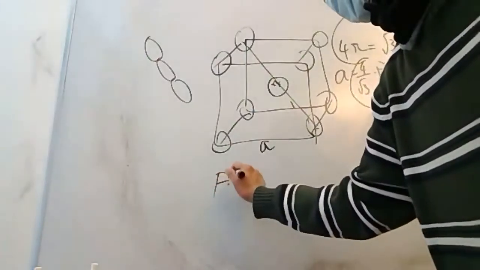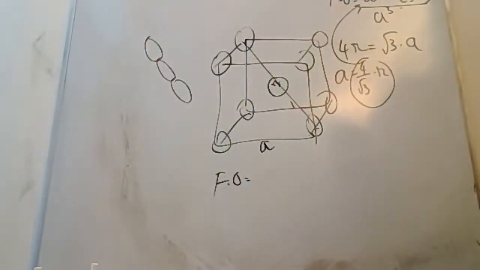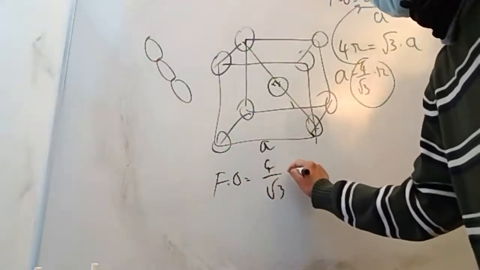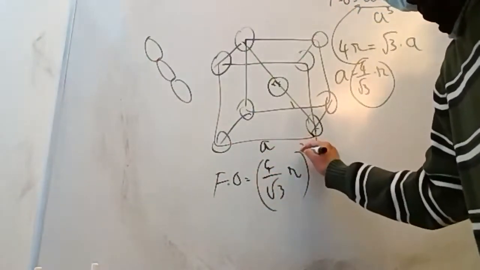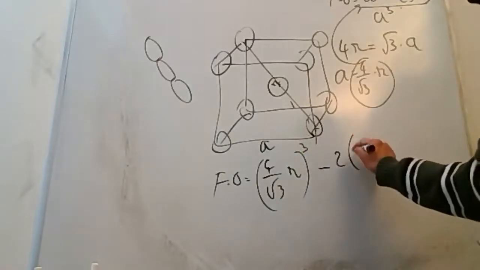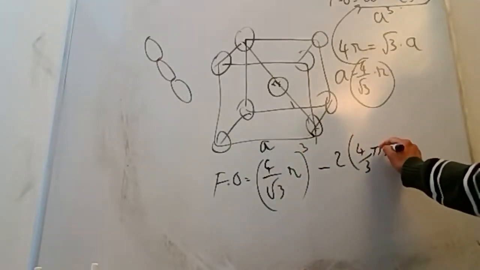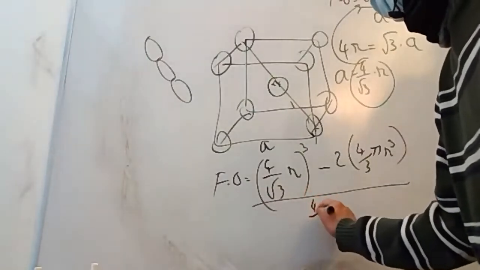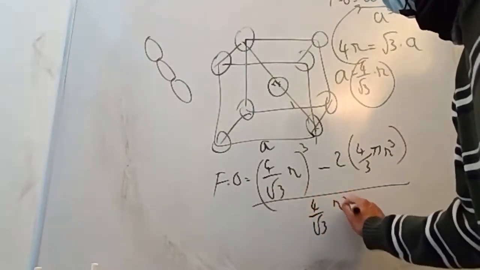So the fractional occupancy now becomes A cubed, which is (4r over square root 3) cubed, minus 2 times 4/3 pi r cubed, divided by (4r over square root 3) cubed.